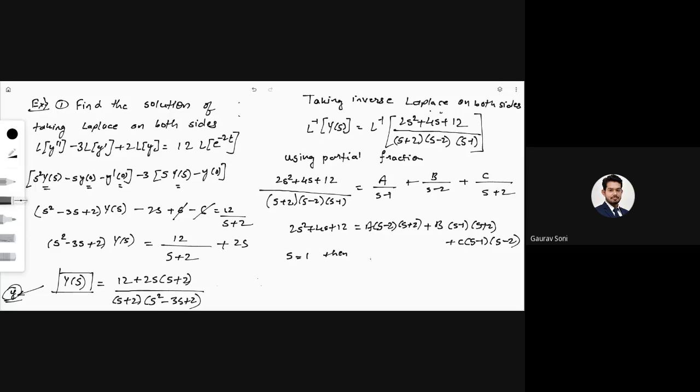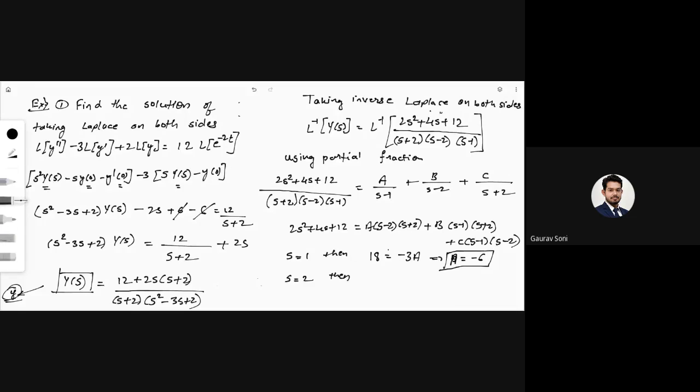So what we will have, 2 plus 4 which is 6, plus 12 is equal to 1 minus 2 which is minus 1, and 3 minus 3a. Which gives me a is equal to minus 6. Please understand why I am putting s is equal to 1. Then I need a and c to be 0. Look at the common term, s is equal to 2. Then we will get the required answer.